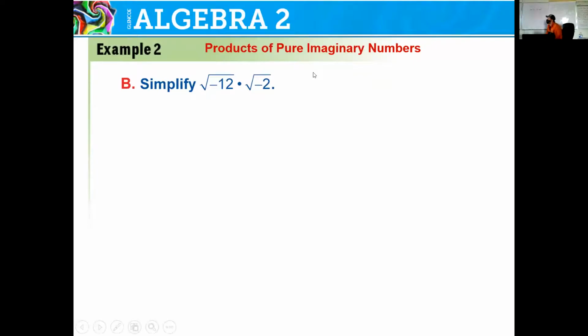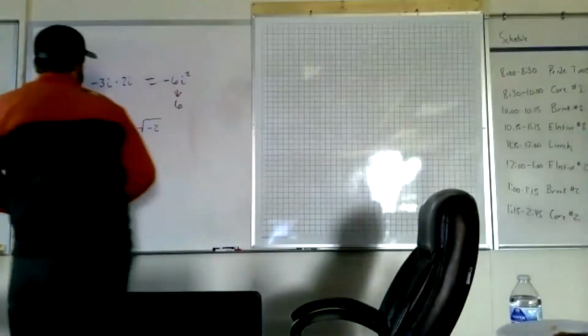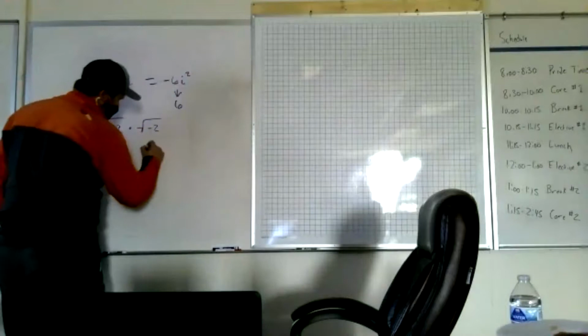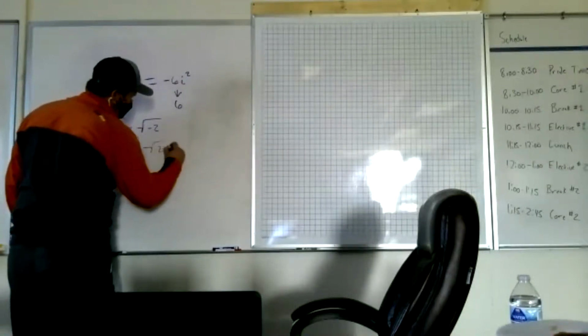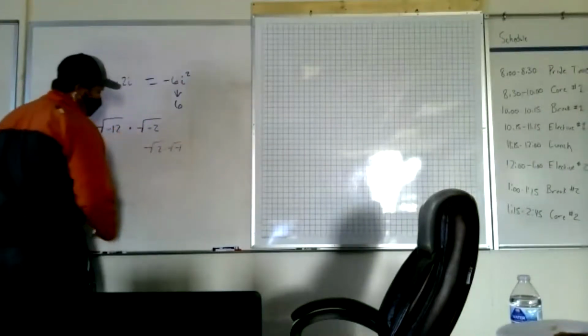All right. So square root of negative 12 times the square root of negative 2. Okay, first thing I'm going to do is simplify them first, by splitting them apart and putting them back together. So negative 2, that's broken down into the square root of 2 times the square root of negative 1.